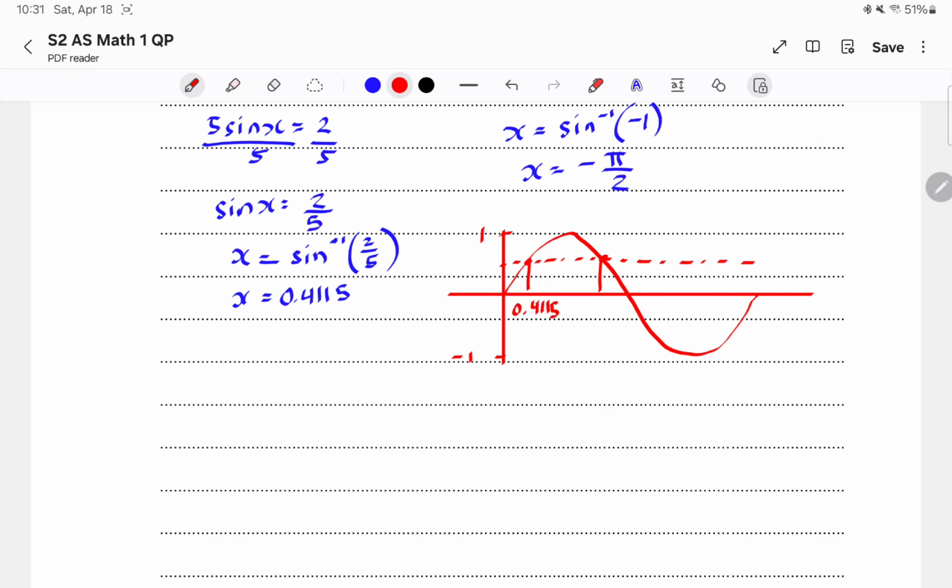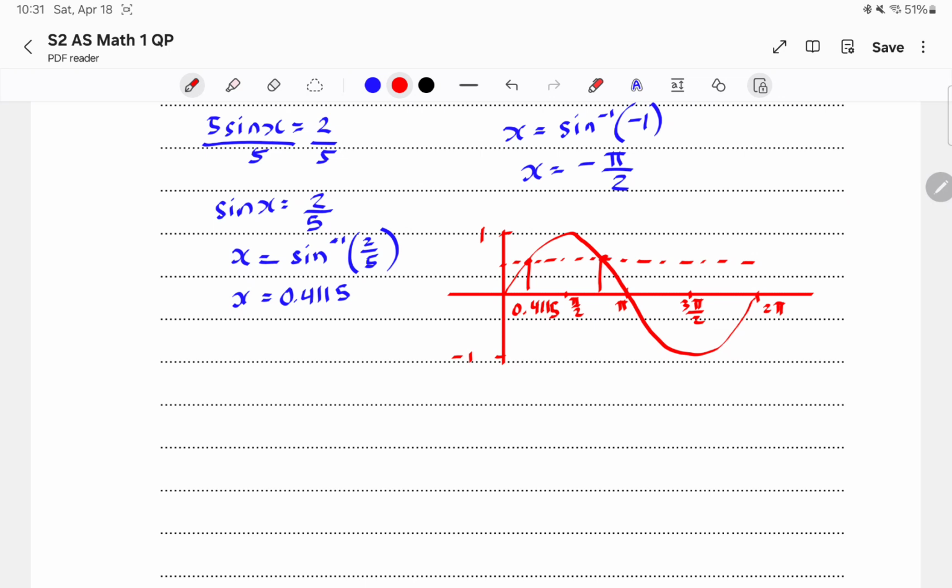Looking at this, remember this is the normal sine graph. It's 1 at pi over 2, 0 at pi, and then negative 1 at 3 pi over 2, and then back again at 0 at 2 pi. So you're looking for another solution, which is here in this area.